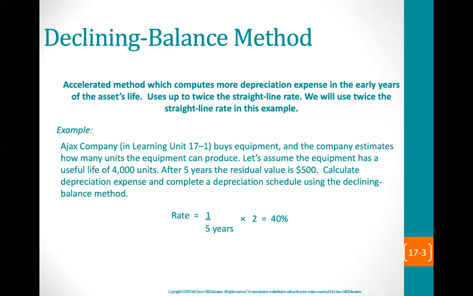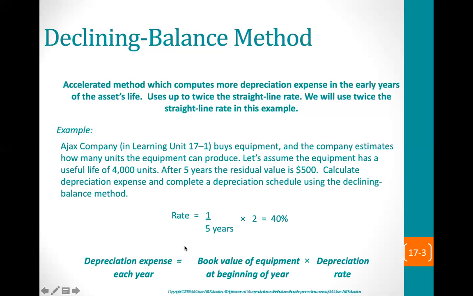So in the first year, we will take 40% depreciation, and that is the rate each year. To get the depreciation expense each year, you take the book value of the equipment at the beginning of the year and multiply it times the depreciation rate. Notice we're taking the book value, not the cost.